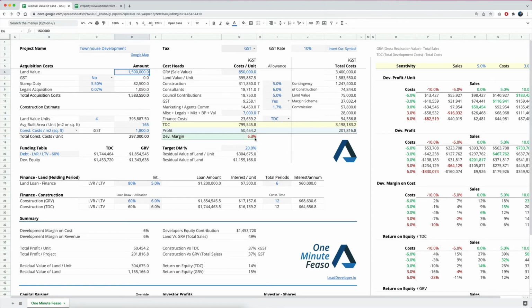This is very slim, because if something goes wrong, like COVID hit and things get stalled, you'll be paying a lot of interest, and this 6.3% will evaporate really quickly, and you'll probably end up with a loss. That is why it is important, because the construction costs will probably remain the same. They are not going anywhere, because this is exactly what it costs.